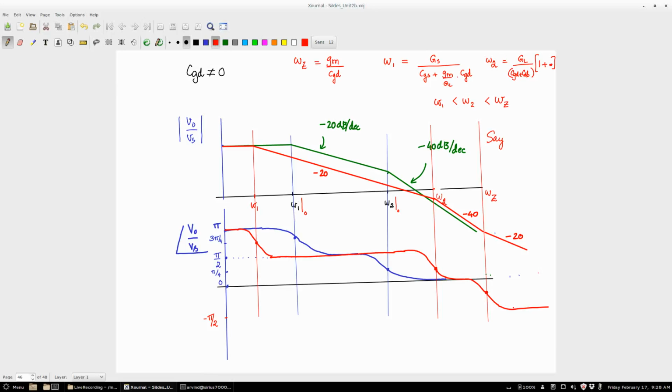It has crossed this. It should become actually 0 for some a, right, like that. And then, okay, what is this red line? The red line is the phase response including the GD.